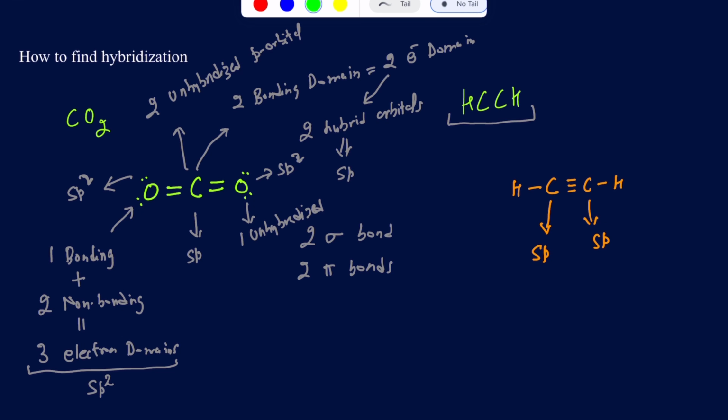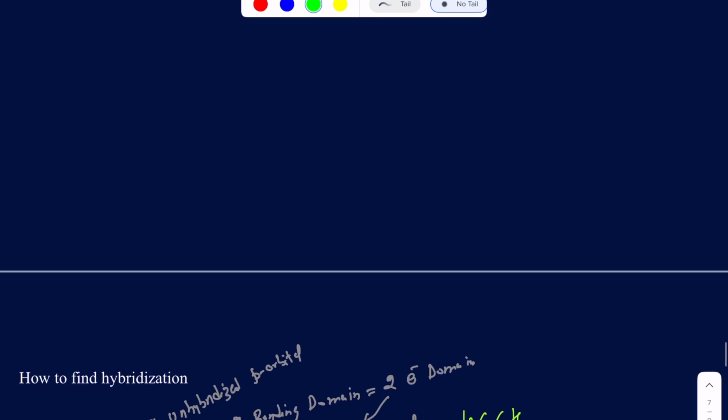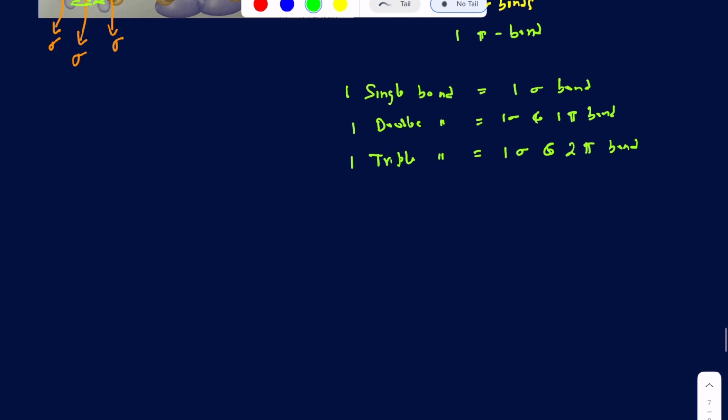That means you have two unhybridized p orbitals on this right carbon, and you also have two unhybridized p orbitals on this left carbon, and those unhybridized p orbitals on each of those carbons will overlap with one another to make a set of two pi bonds. Because remember, in a triple bond, you have only one sigma, but then you have two pi bonds in there.